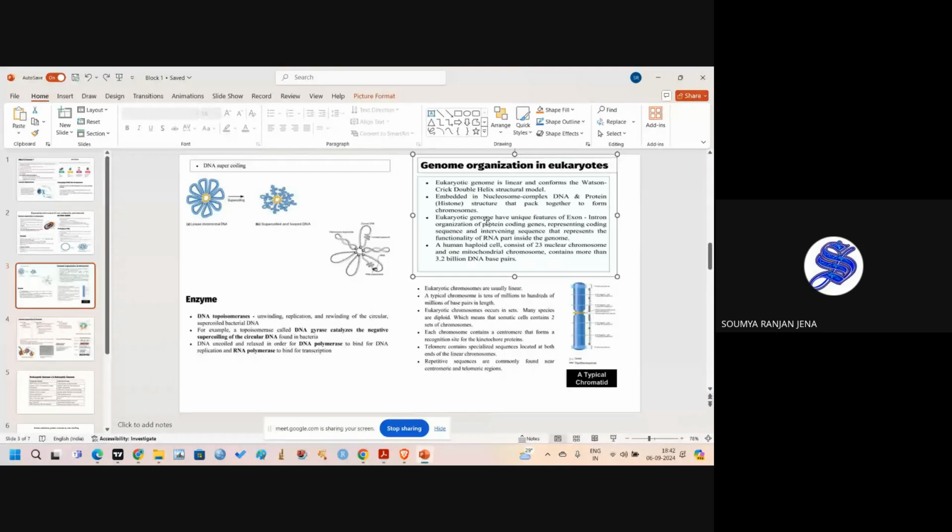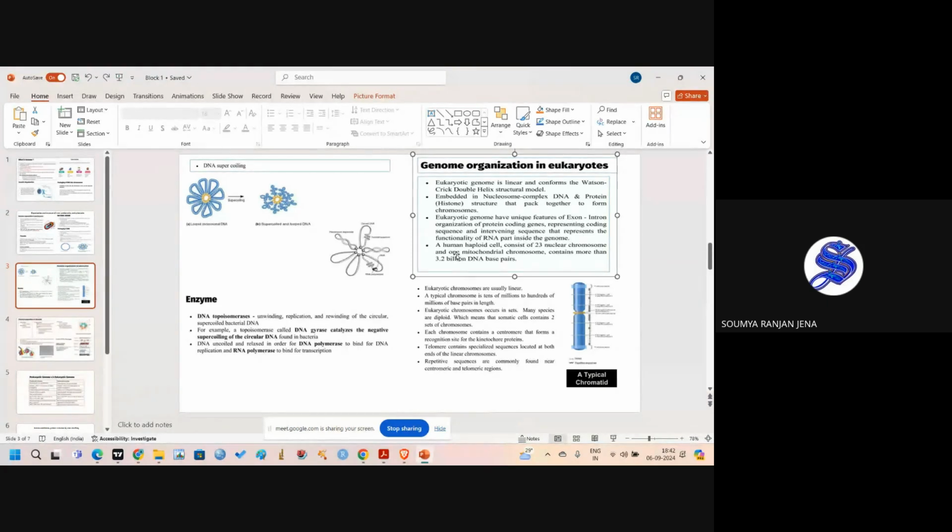Then the eukaryotic genome has the unique feature of exon-intron organization of protein coding genes. Exon means the protein coding area, and intron means the non-protein coding area. This represents the coding sequence and the intervening sequence that represents the functionality of the RNA part inside the genome.